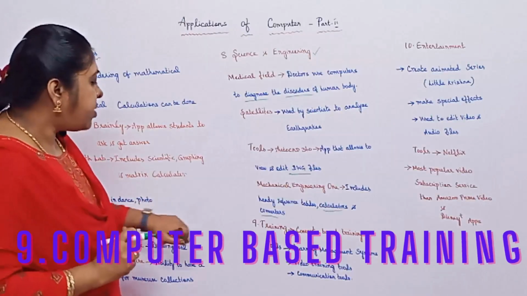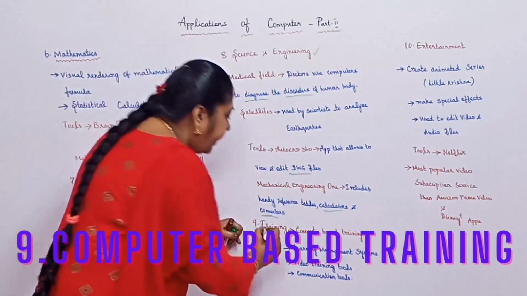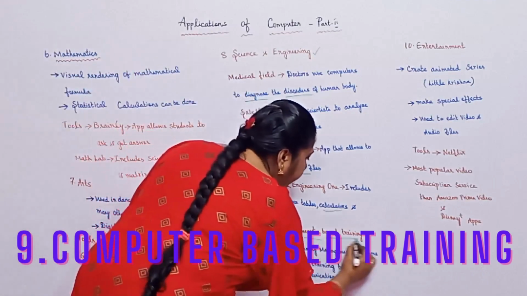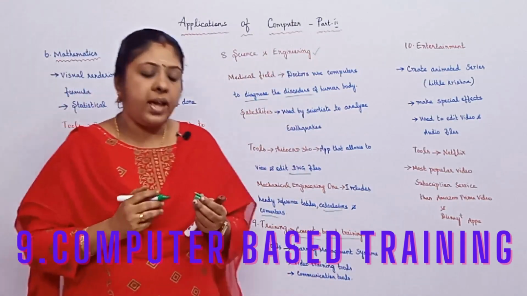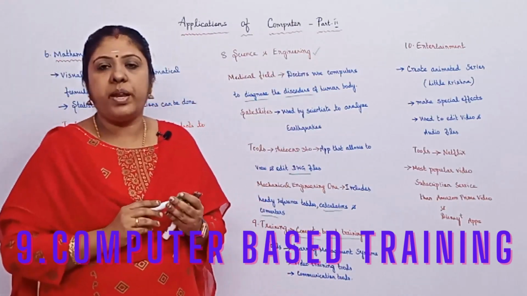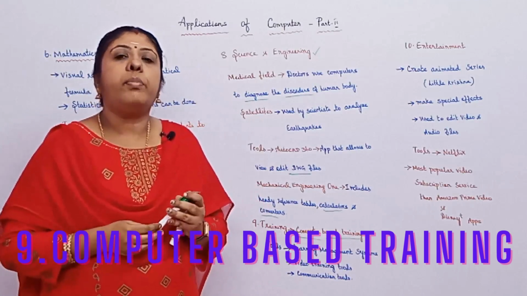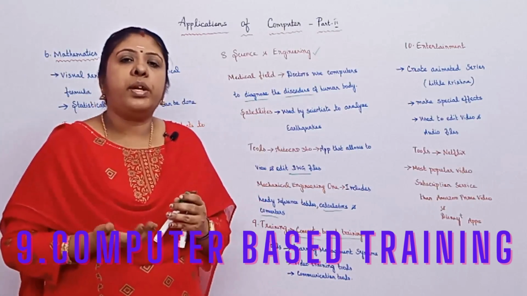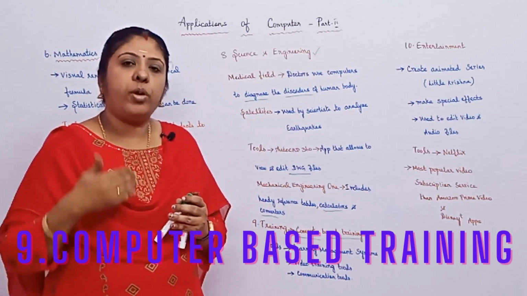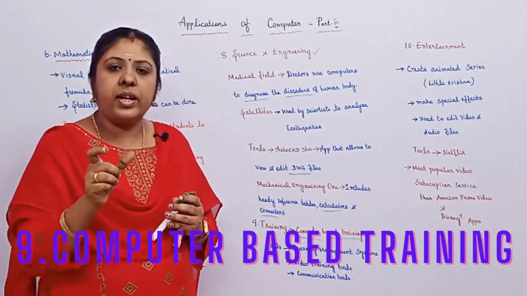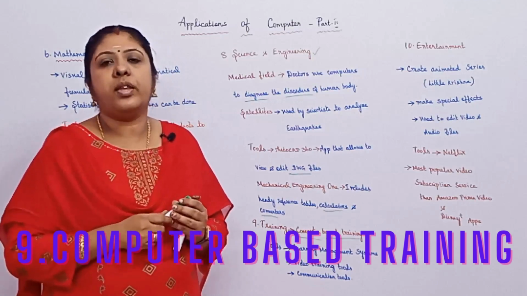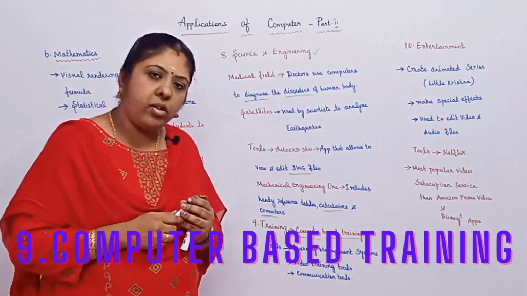And then the ninth point is training, that is computer based training. Consider the IT field: when a student is placed in an IT company, the organization provides some computer based training to the students to specifically meet the requirements for the particular position or job.